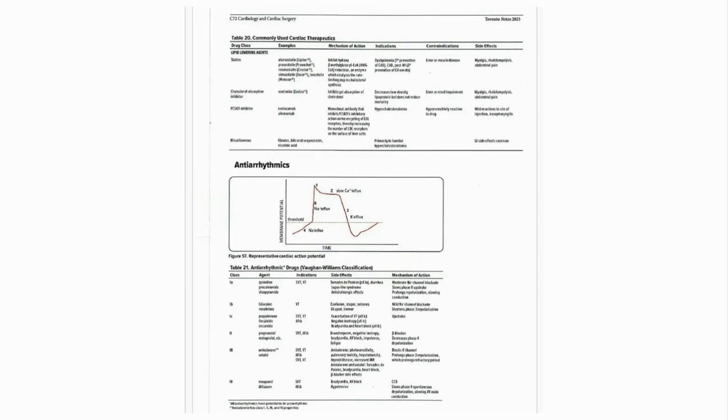Cholesterol absorption inhibitors. The next drug is ezetimibe. Unlike statins, ezetimibe works in the intestine by blocking cholesterol absorption through the intestinal brush border.